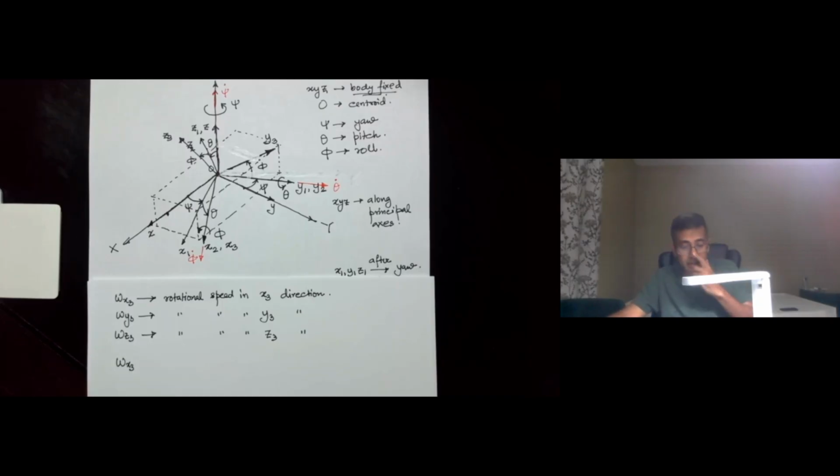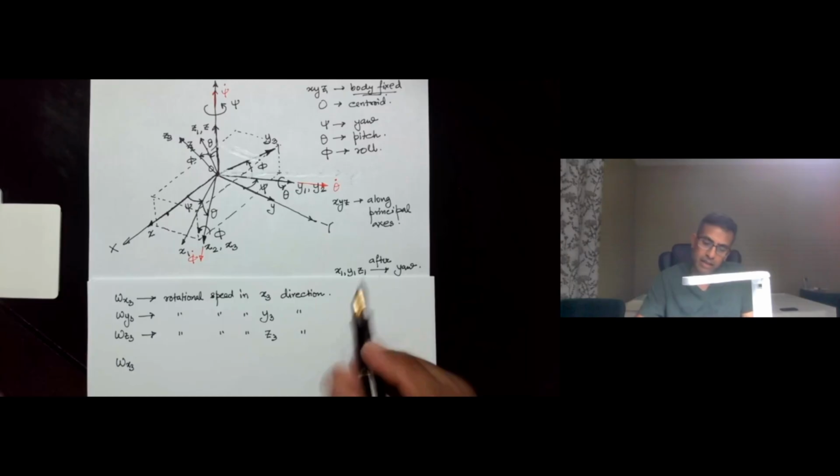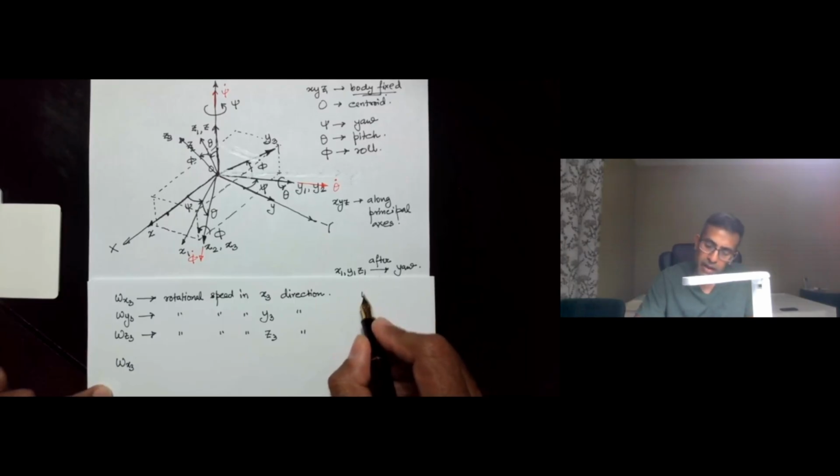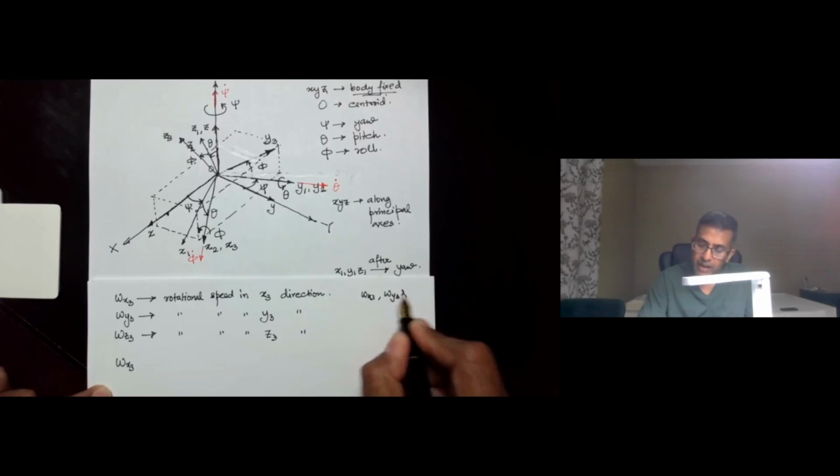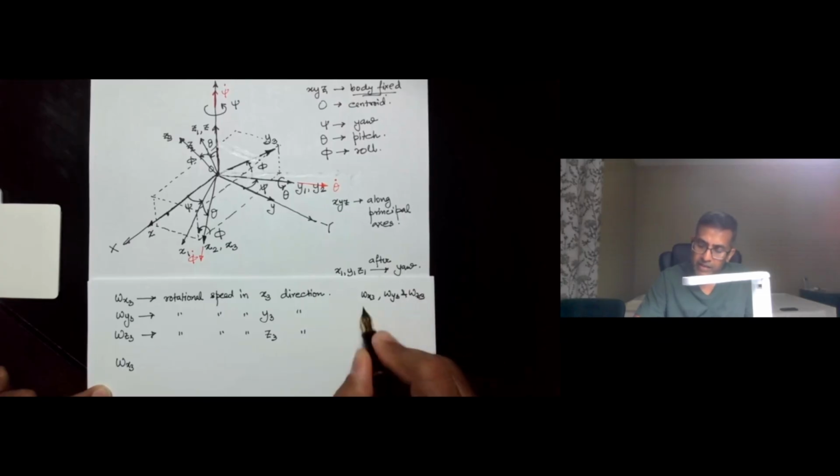But we have to keep in mind that omega x3, omega y3, and omega z3 are mutually perpendicular.